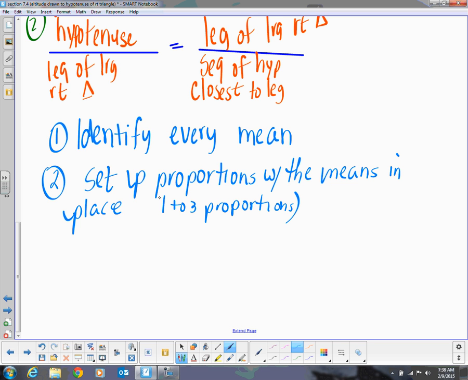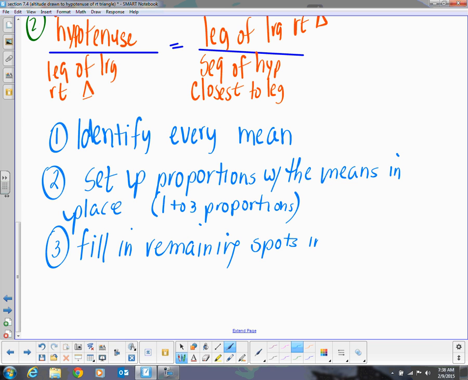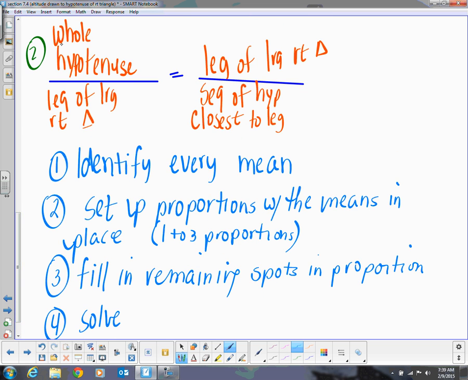Then fill in the remaining spots in the proportions, and then solve. When I say fill in the remaining spots, that would be the extremes: the whole hypotenuse, the segment of the hypotenuse, or the two segments of the hypotenuse.